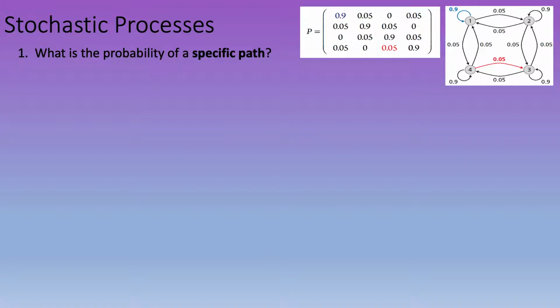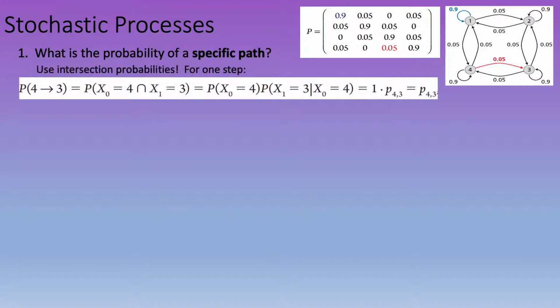So if we think about the probability of a specific path, what we want to do is use our intersection probabilities. What is it going to take for me to go from P4 to P3? It's a pretty straightforward calculation.